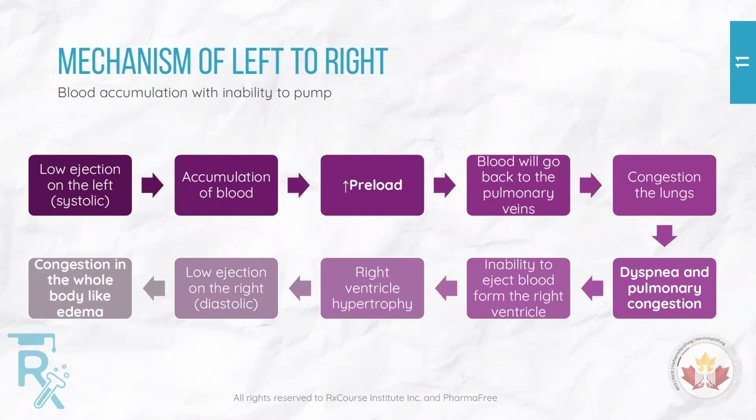On the other hand, the oxygenated blood that is coming to the heart by the pulmonary vein cannot enter because the heart already has a high amount of blood. So the blood will be ejected back to the lung because it cannot enter the heart. This will lead to congestion of lung.